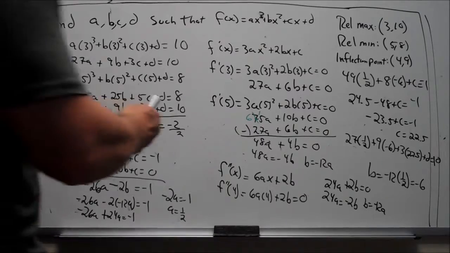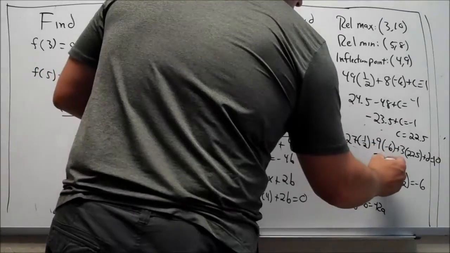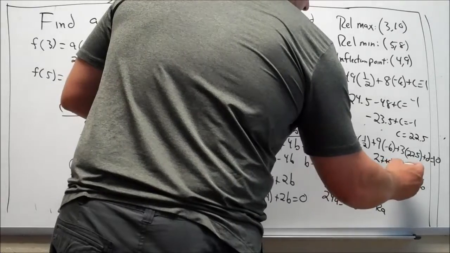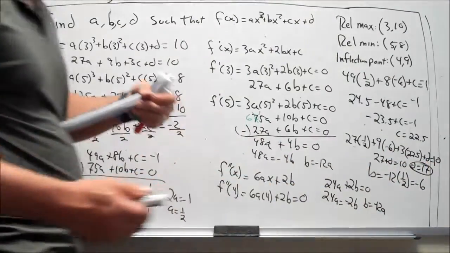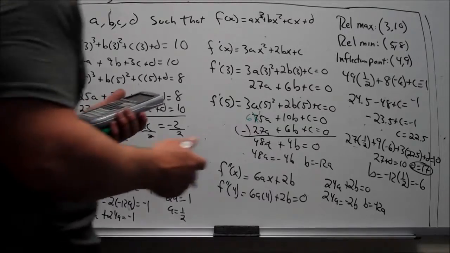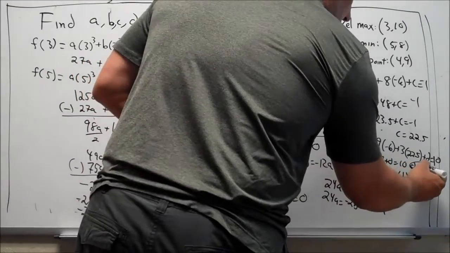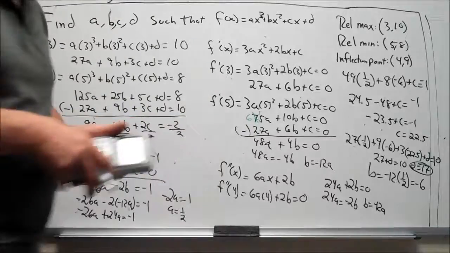That means we have 27 plus d equals 10, so d would be 17. Oh, I didn't subtract. Duh. 27 subtract 10 is negative 17. Okay, now we're good. And that's it.